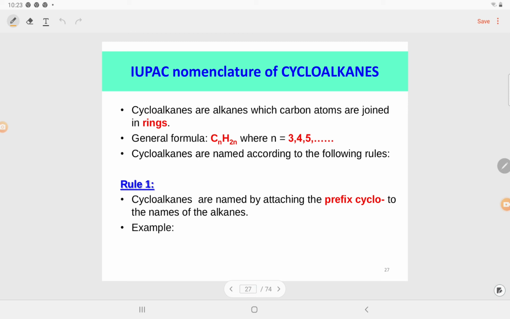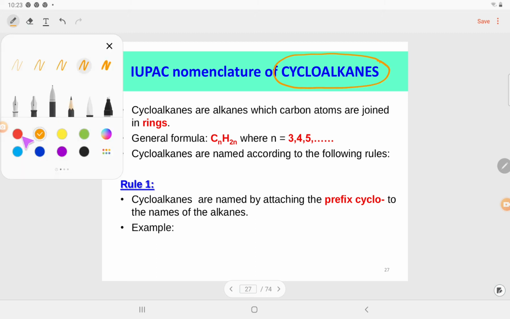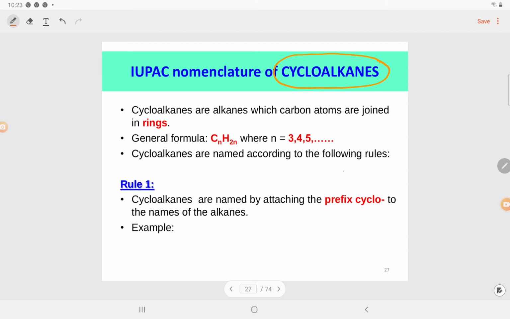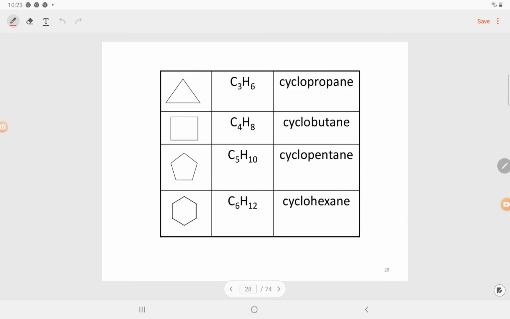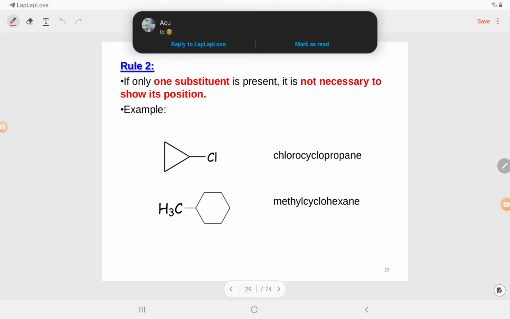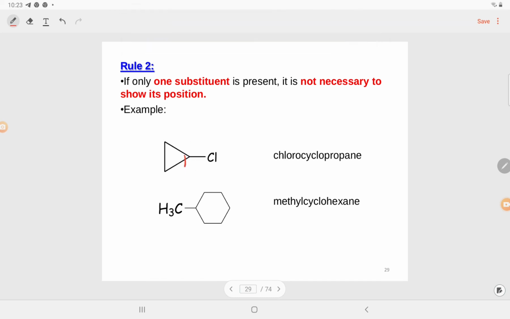But if the compound consists of a cycloalkane, the rules are the same. But the naming of the parent changes; you must label it cycloalkane. So this is the nomenclature: 3 carbons is cyclopropane, 5 carbons is cyclopentane, according to their own number of carbon atoms. So, next rule: after we identify your longest carbon chain and numbering, your first carbon must be directly attached to your substituent.